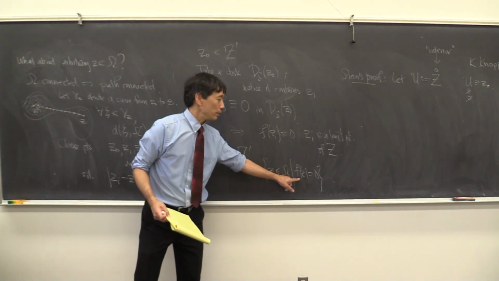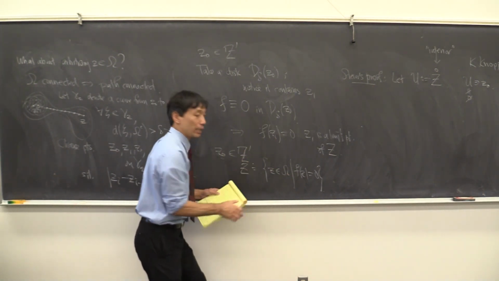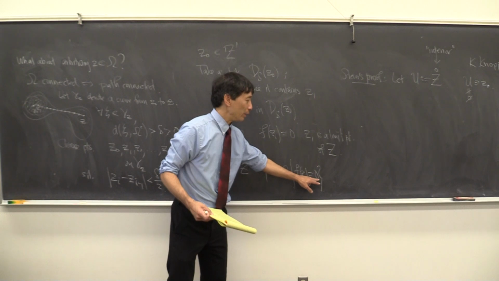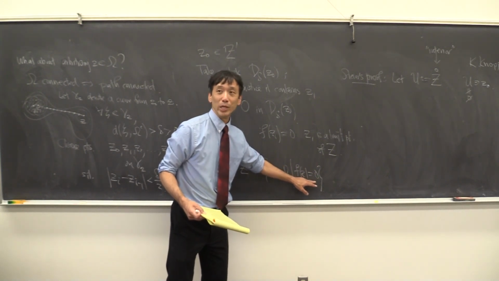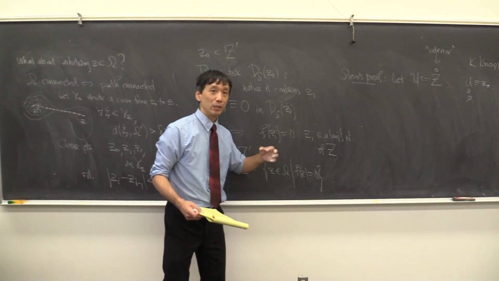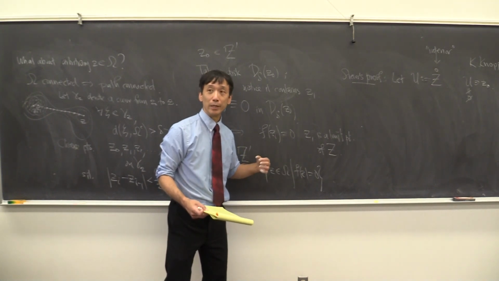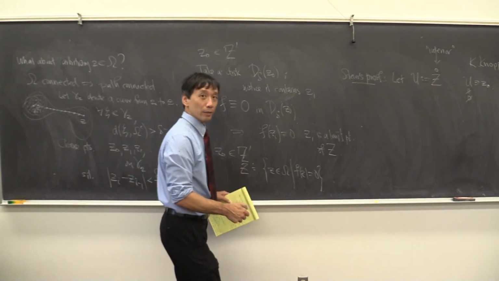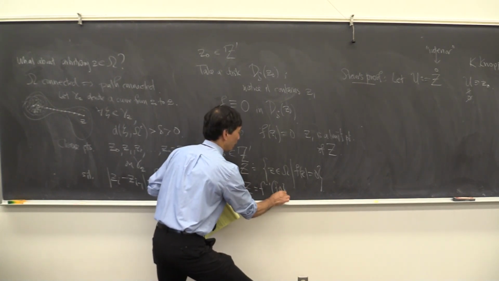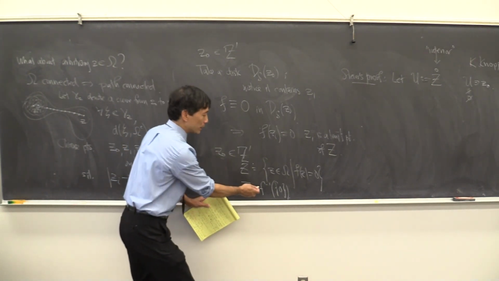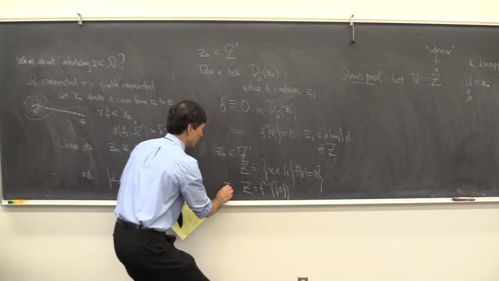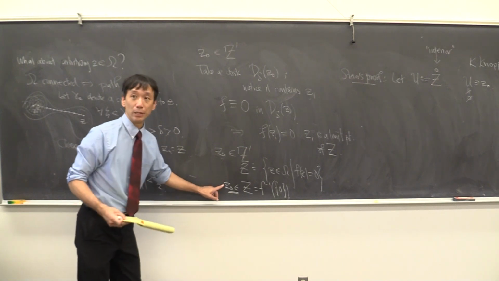F is a continuous function, and so Z is closed, because you're taking the pre-image of a single point, which is a closed set. The pre-image of a closed set through a continuous function is a closed set, right? I hope that's clear. So you know that Z is closed, so Z naught actually is inside of Z.